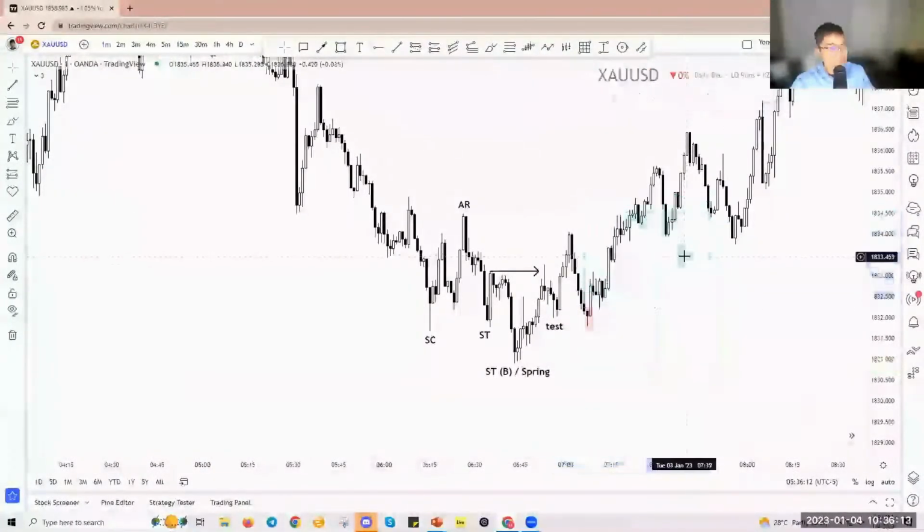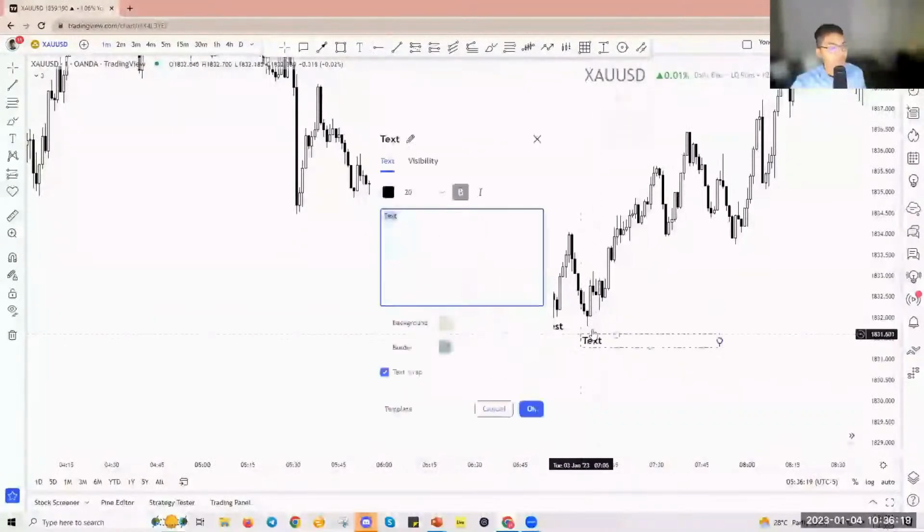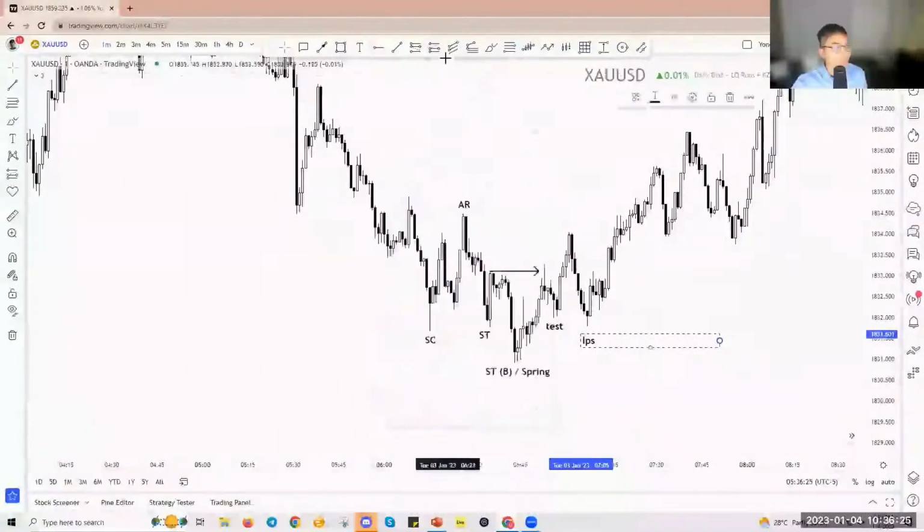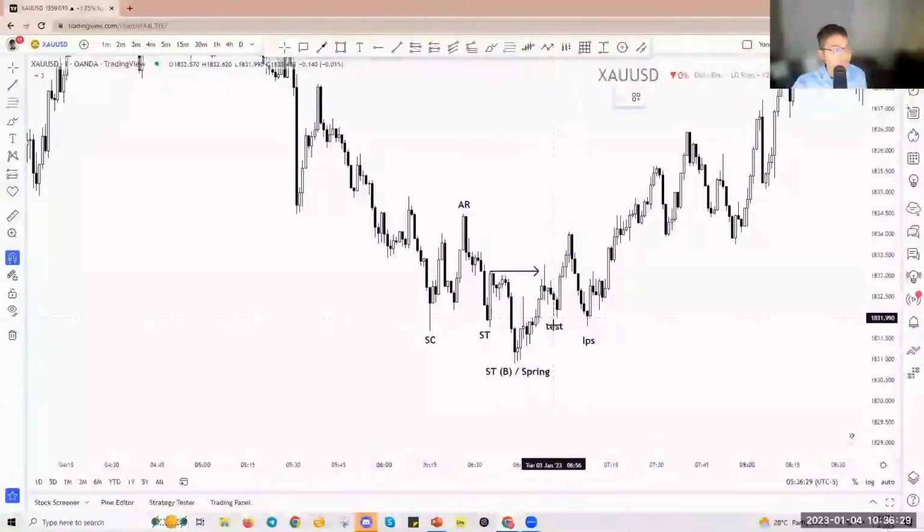So next we have the last point of supply. Price goes up, breaks. How do we enter? We can possibly enter at the 61.8% Fibonacci area. So again, same thing, moving up. 61.8% area, you try to enter there.